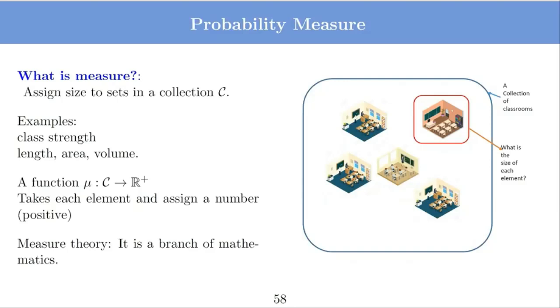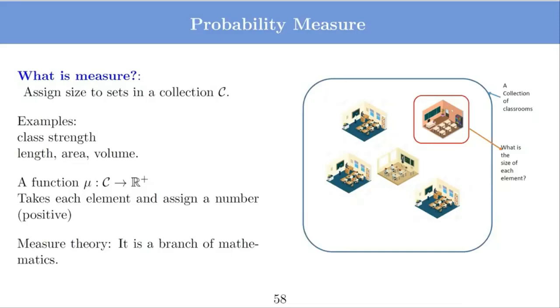Now can we assign a measure to this class? One measure can be how many students are there in each class. A small class would be where there are fewer students. A big class would be where there are more students, right? So this measure also gives a sense of the size of each set, and we can tell which is a small set and which is a bigger set. We can compare the size of two sets.